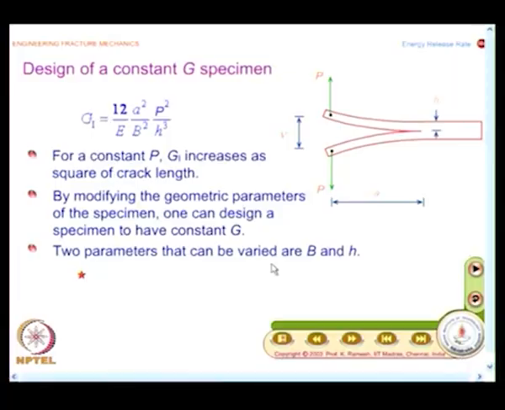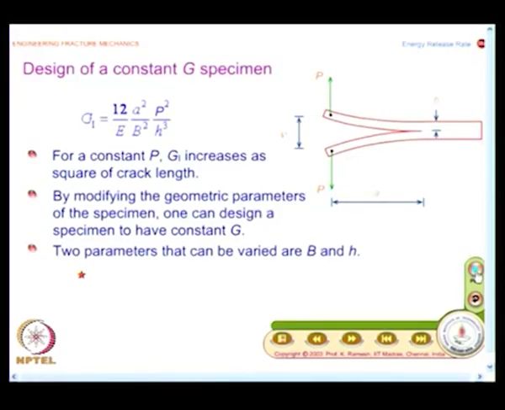Suppose I vary the thickness, what would happen? Suppose the thickness keeps on increasing along the length of the specimen. We have been emphasizing that fracture mechanics is holistic; it gives you certain recommendations for thin specimens and another set of recommendations for thick specimens.